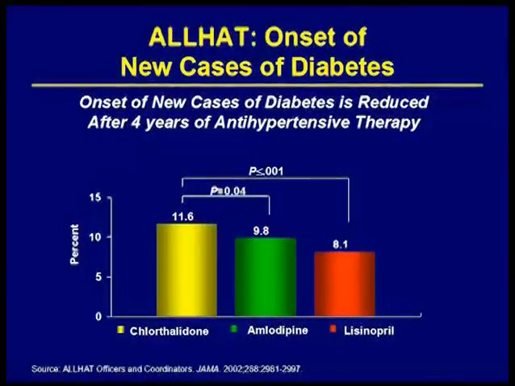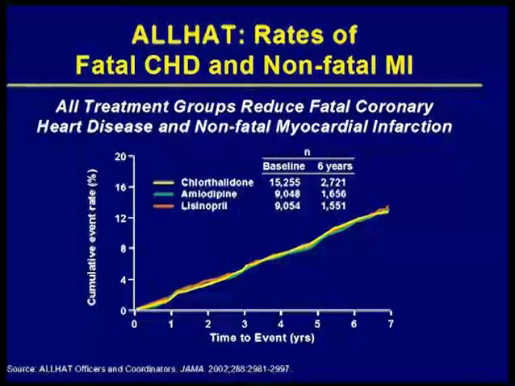And lastly, a comment about whether one should use diuretics in patients who have diabetes and hypertension. And this is an ALLHAT study where chlorthalidone, amlodipine and lisinopril were used. Chlorthalidone had a chance of causing more diabetes than other drugs. But when you look at cardiovascular outcomes, they were very similar.